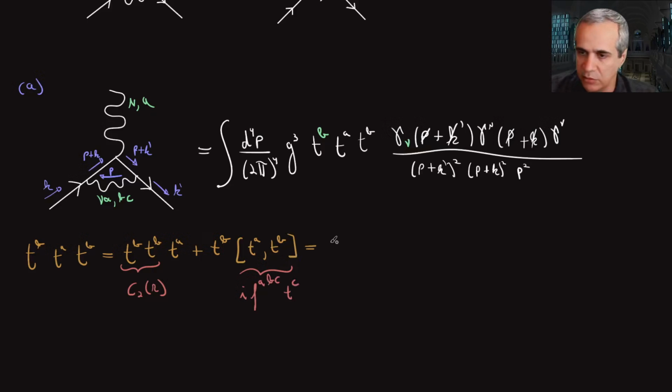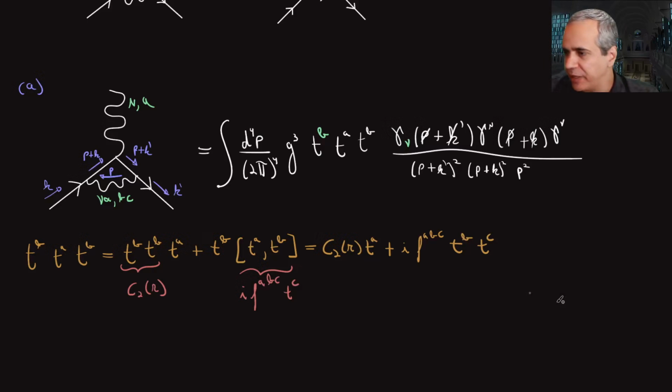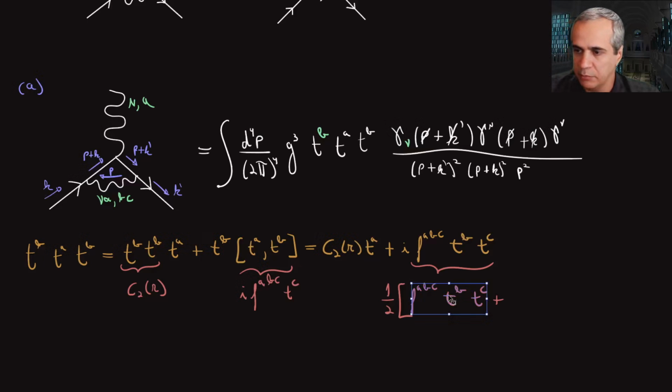This is C2(R) TA plus i f^{ABC} TB TC. Right? Now, the trick here is to symmetrize this, right? So I'll just write this guy as half of itself twice. So this, plus the same.